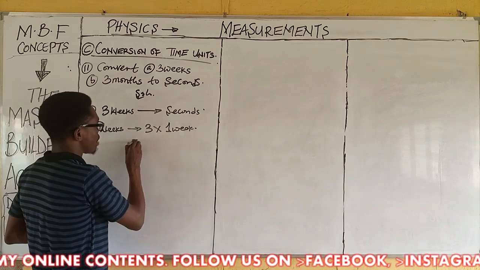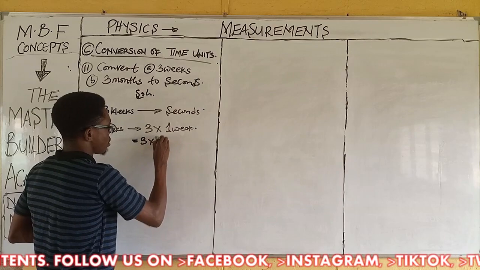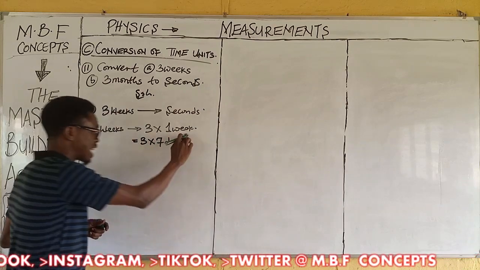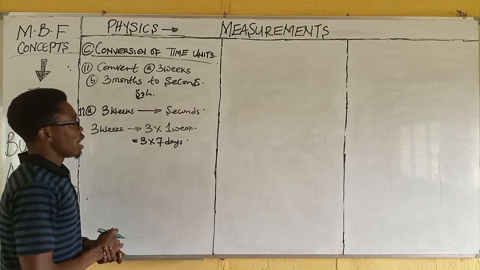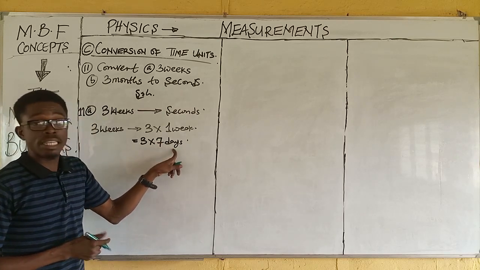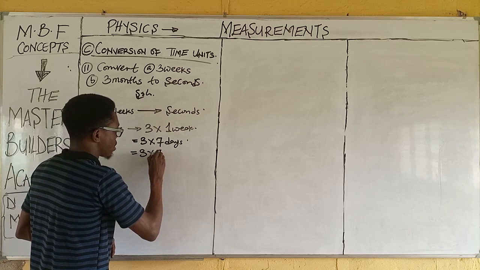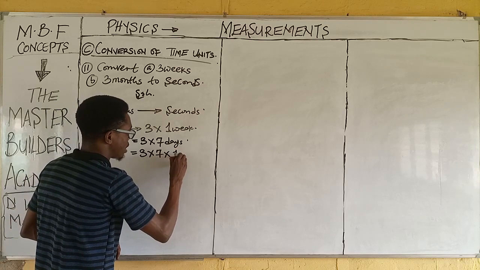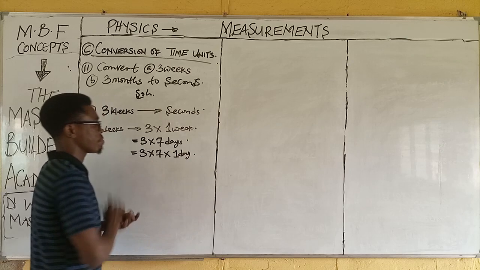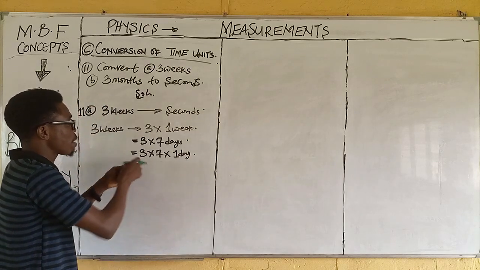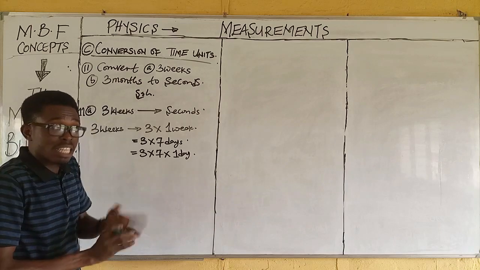Then, this would have given us 3 times 7 days. I just replace 1 week now with 7 days. Now, I need to replace days. So, I can also have this now as 3 multiplied by 7 multiplied by 1 day. I just separated the days from 7. Everything here would still give us 21 days. So, if I multiply, this gives us 21 days right now.